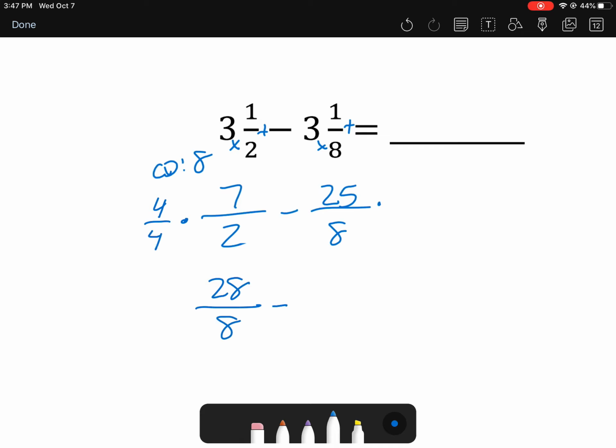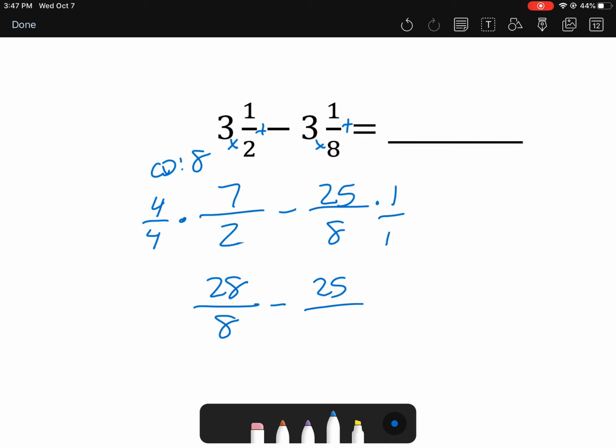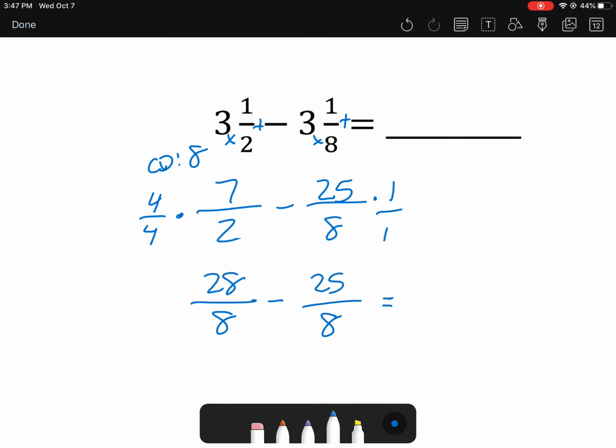And this fraction here, I could multiply the top and bottom by 1, but it would just leave me with 25 over 8. 28 minus 25 is 3. And I leave my denominator the same, so 3/8 is my final answer.